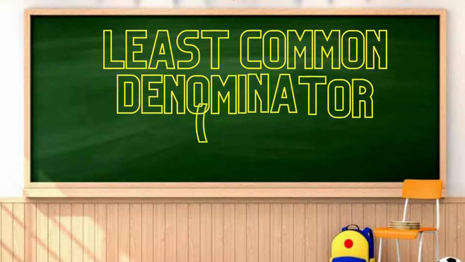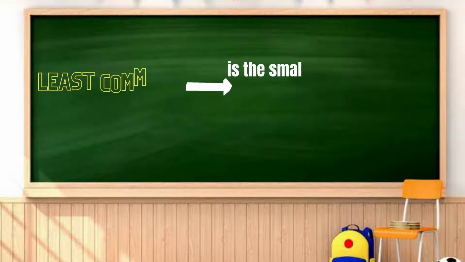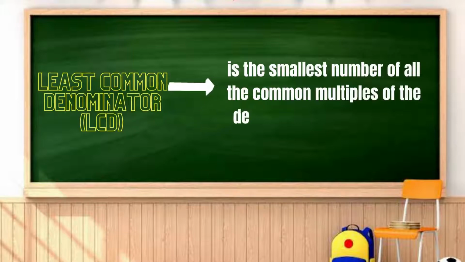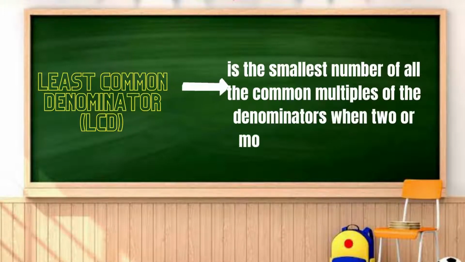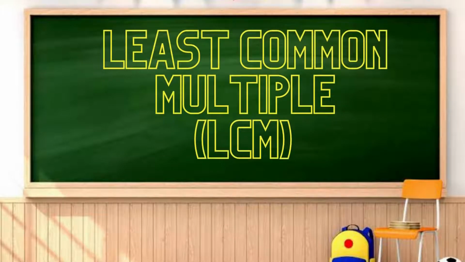Next word is least common denominator or LCD. Least common denominator is the smallest of all the common multiples of the denominators when two or more fractions are given. It is also the least common multiple or LCM.